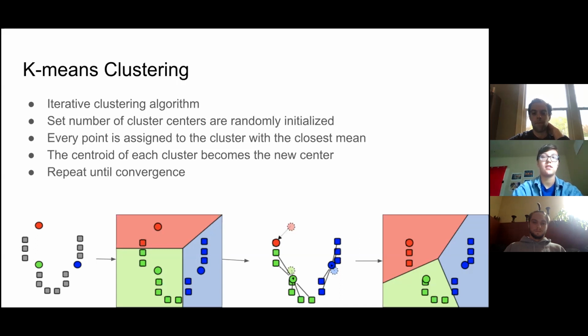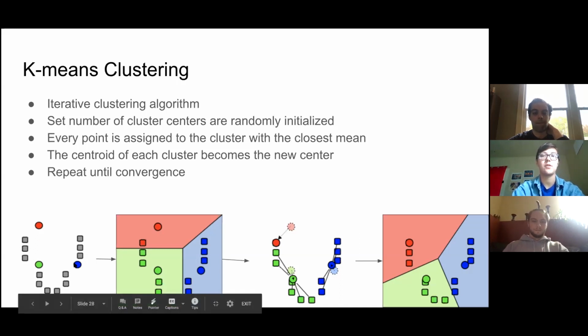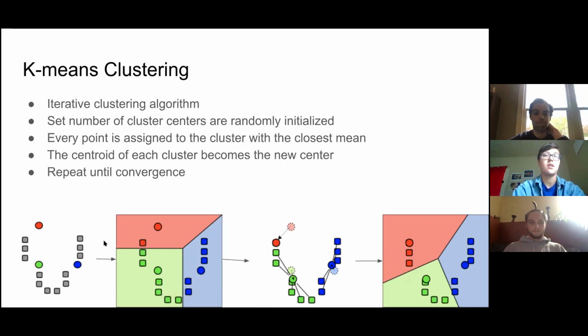The first step is that the k cluster centers are randomly initialized, like in this first picture. And then based on the cluster centers, all of your data points are assigned to the cluster with the closest center. So that's picture 2. And then, based on the clusters that you now have, you find the new best center for each cluster, which is defined as the centroid, which has a specific meaning that we're not going to get into.